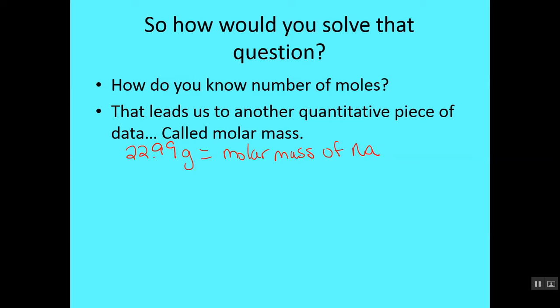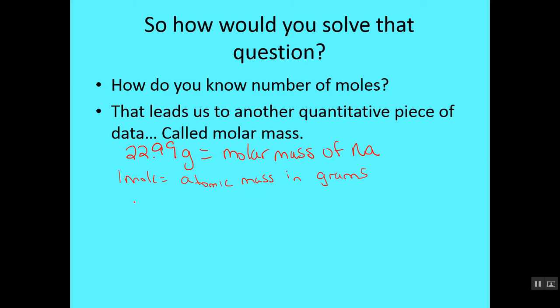And we could find that for any element on the periodic table. All we have to do is look and find where its atomic mass is. So again, what does 1 mole mean? 1 mole is simply the atomic mass of a substance in grams.